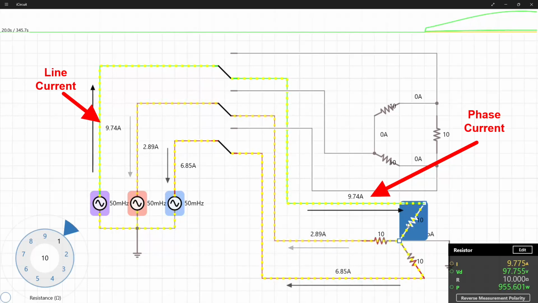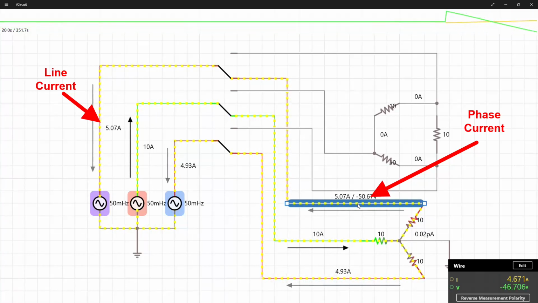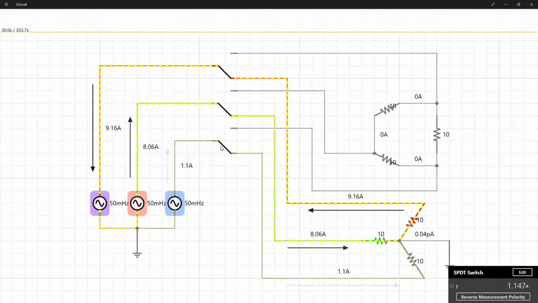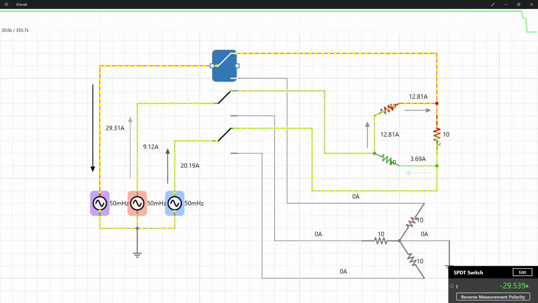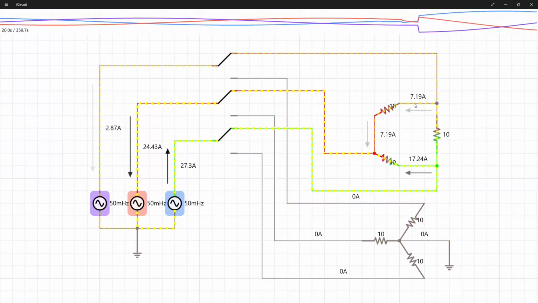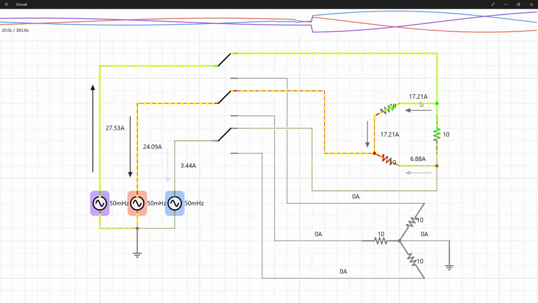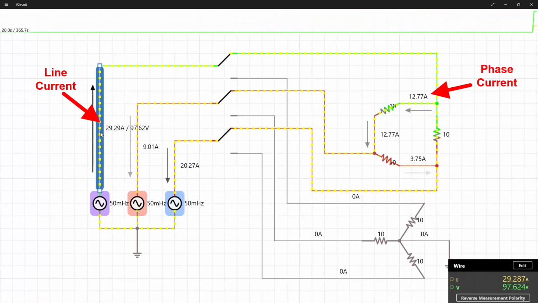The current going through the coil is the phase current. The current going through the line is the same current, so they're the same, okay? However, if we look at our delta, this is our phase current right here, and the phase current gets up to about 17.3, where our line current will get up to 30, okay?